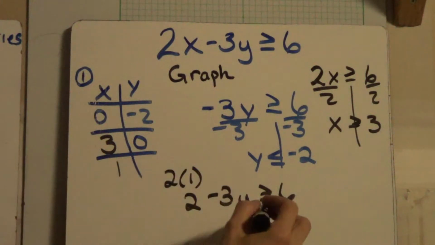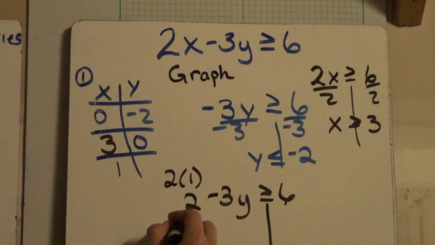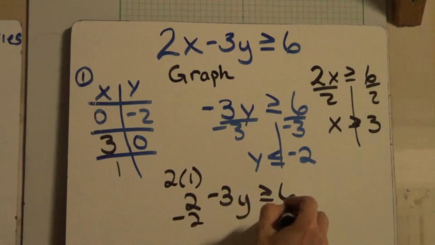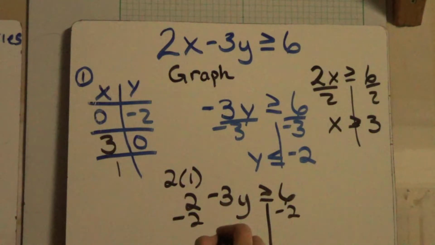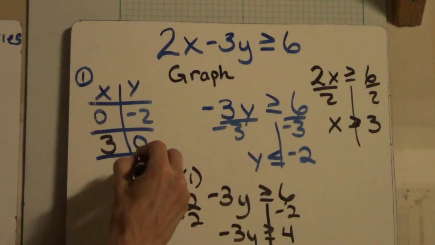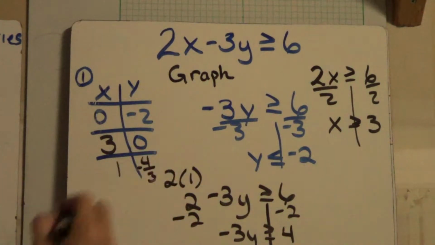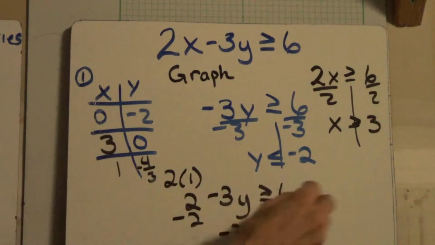Okay, you can solve it like you have your other problems. 2 is being added, so we subtract 2 from each side. Negative 3y is greater than or equal to 4. And now I divide by negative 3 on each side, and I would get roughly negative 4/3. Okay?